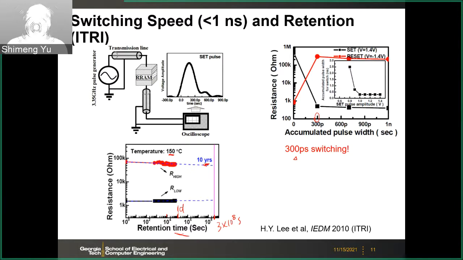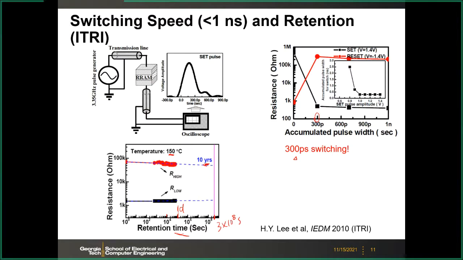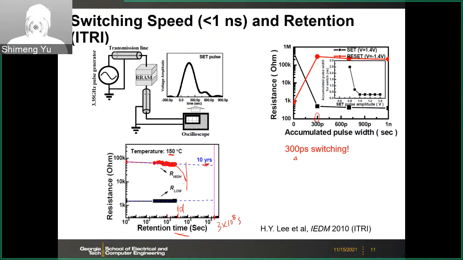So you need to test until you see the failure and record the time. So for example, let's say you record 10 to the power 6 seconds at 150 degrees C, and then you vary the temperature, maybe at 200 C it will fail earlier, at 10 to the power 4 seconds.